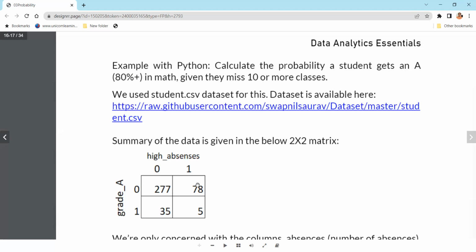Now the question is, what is the probability that you can be absent but still get grade A? 5 by 395. 5 by total.